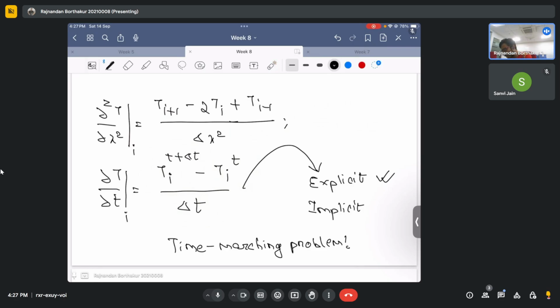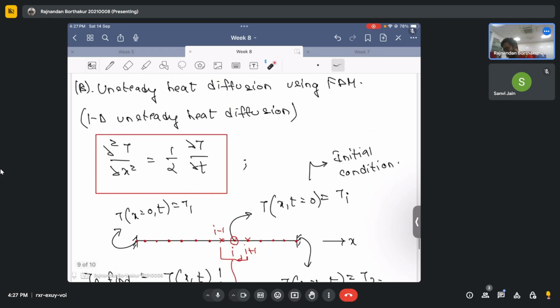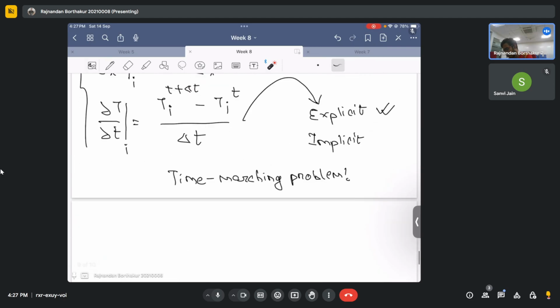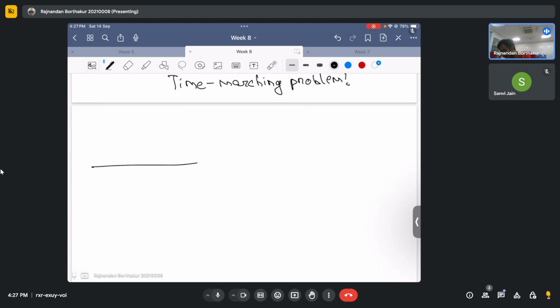Anyways, now if I substitute this into my governing equation, I will get something like this. Remember, in del square T by del x squared, I am evaluating everything at time t.